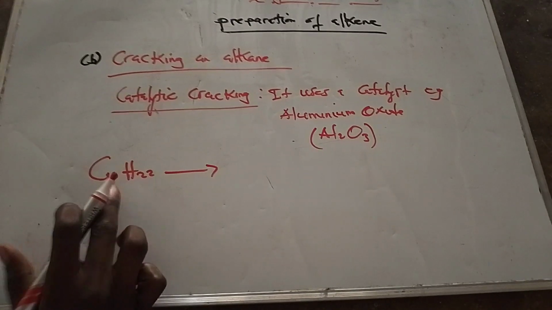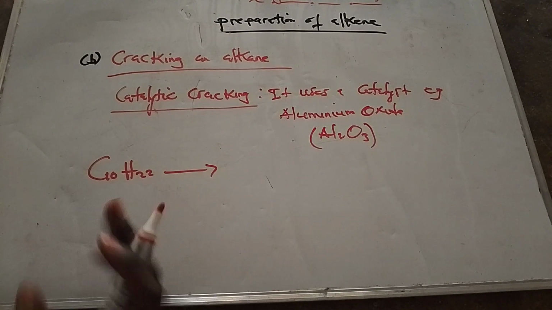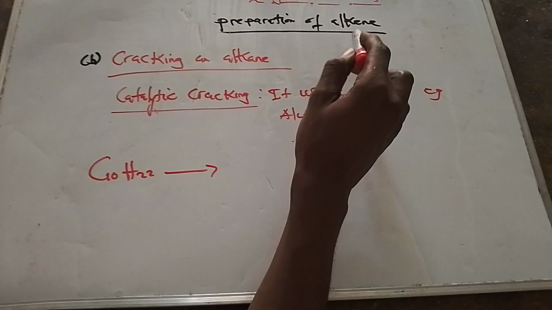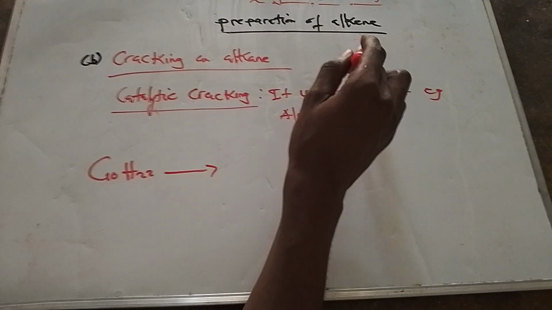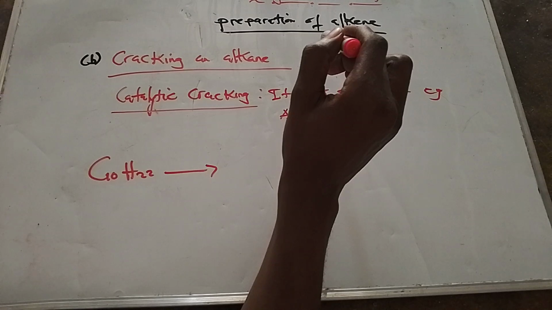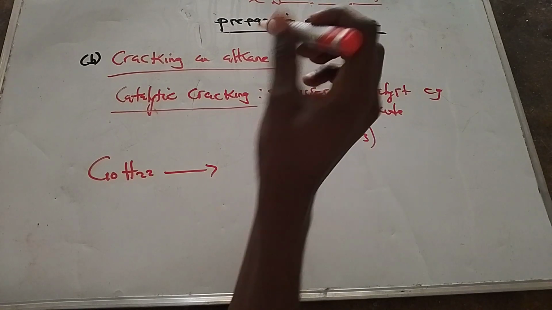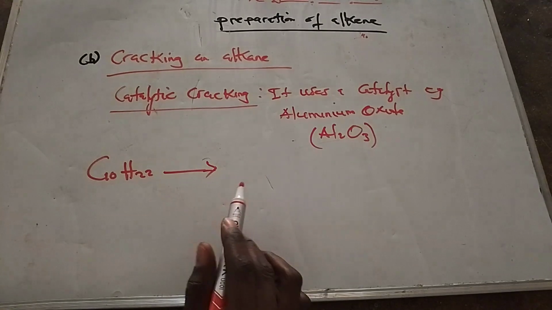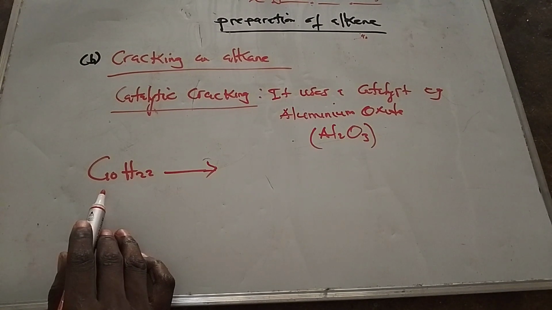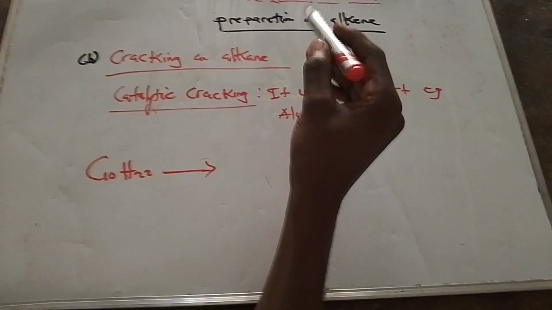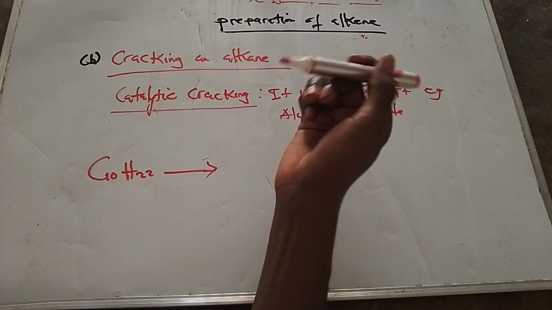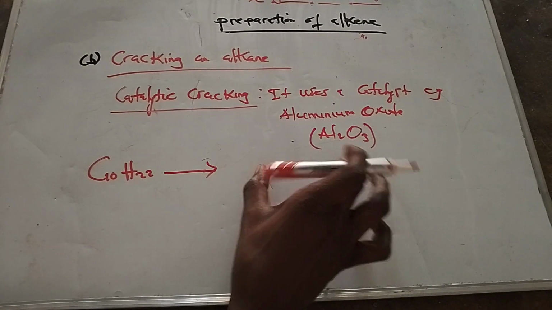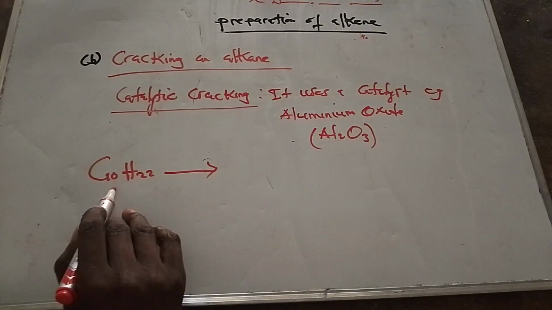So when I crack this one, since I want to prepare an alkene, I need to understand what product will be extracted from this one for me to form an alkene. You need to balance what you are going to crack, because the products I'm going to produce here must add up to form this mother compound.